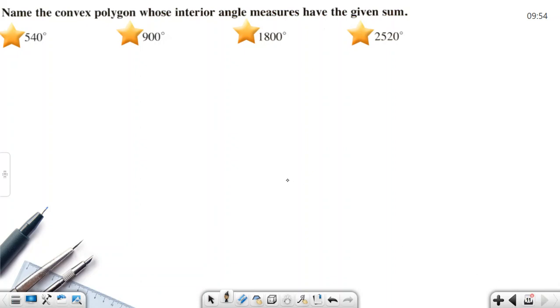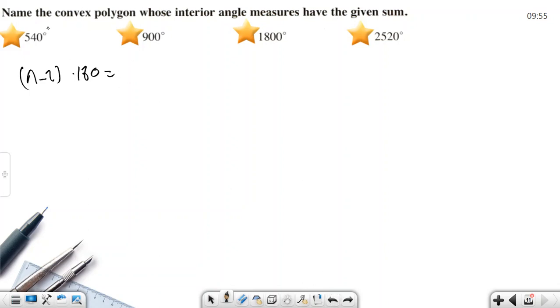That's the last example. I will solve only 2 of them. Name the convex polygon whose interior angles measures have the given sum. So these are the sums of the interior angles. That means n minus 2 multiplied by 180 equals the given sum.